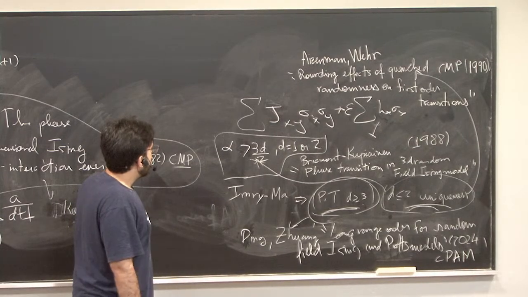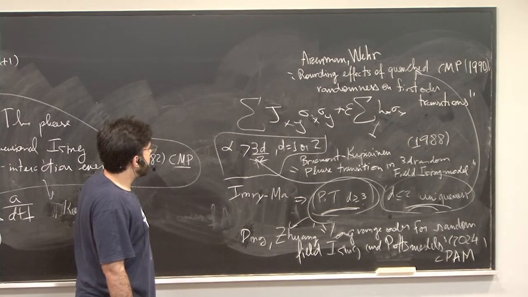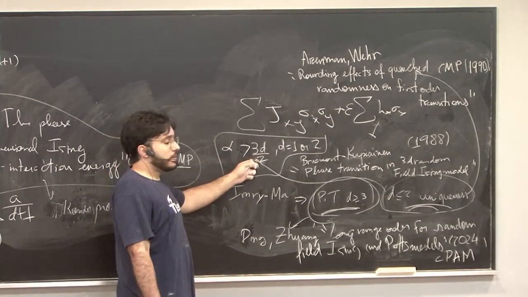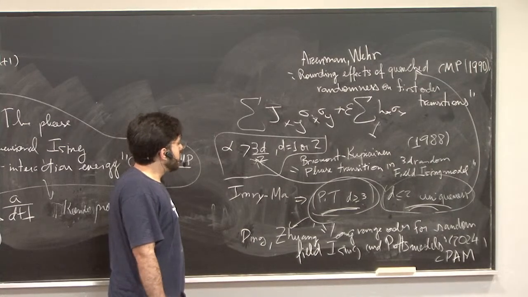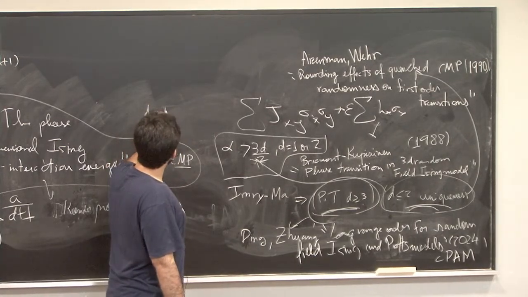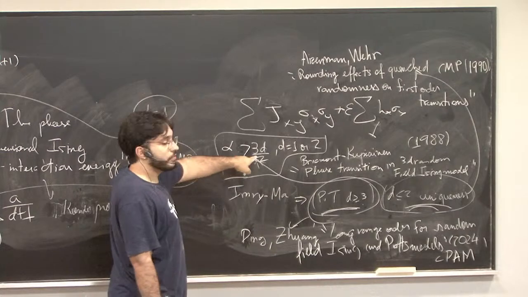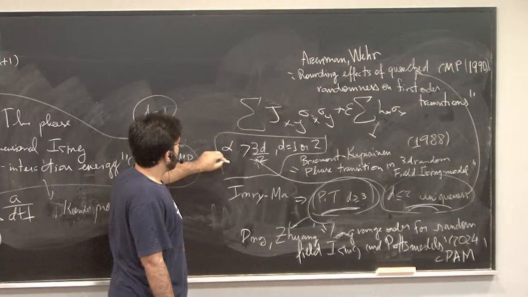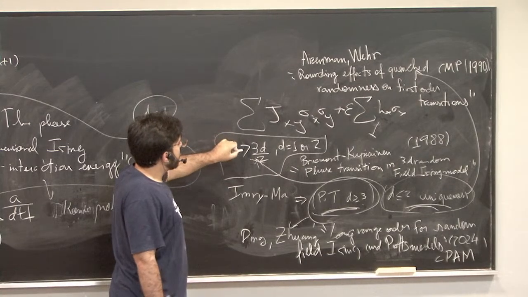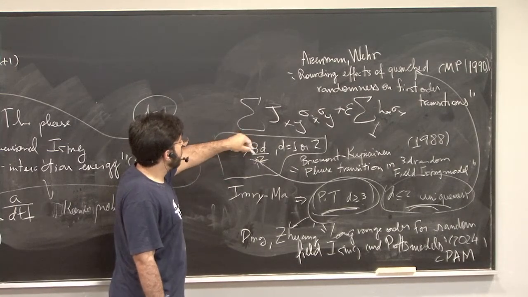So the restriction for uniqueness is that the decay should be larger than this if it is long range. And what we do know is that for D equals 1, there already are results for phase transition in the long-range system when alpha is close to 3/2.